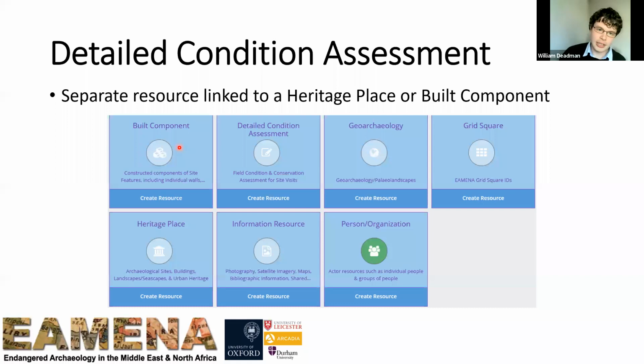And you can add as many of these as you want over time. So you could do a 6-monthly check of a particularly vulnerable site, or repeated ground visits for our partners in the Middle East that are managing these sites. So you can record those in great detail.